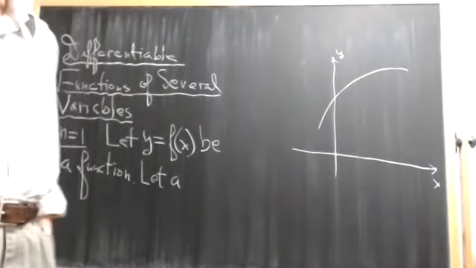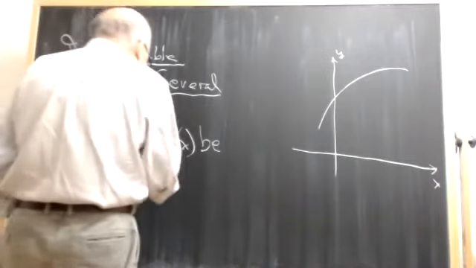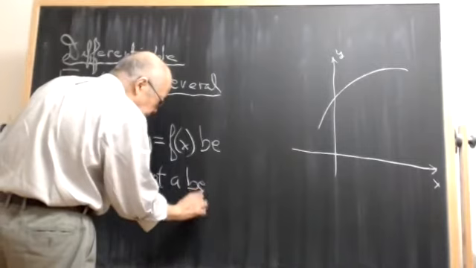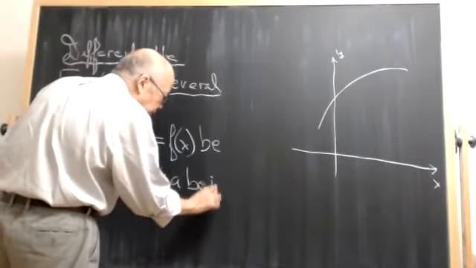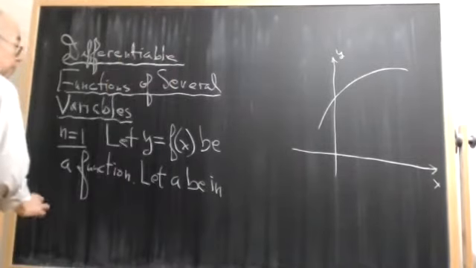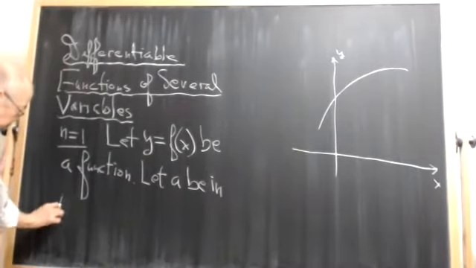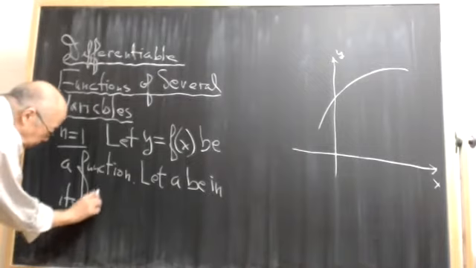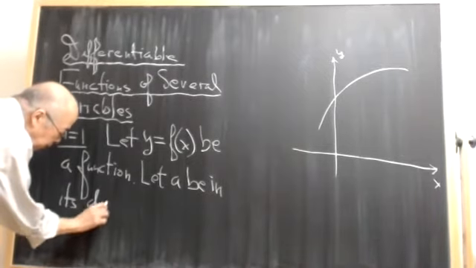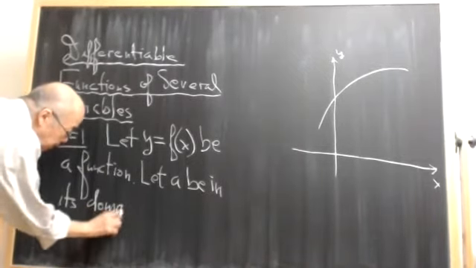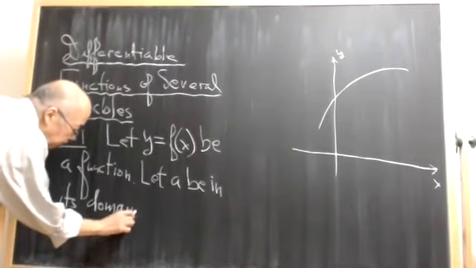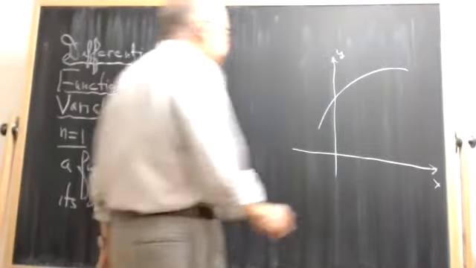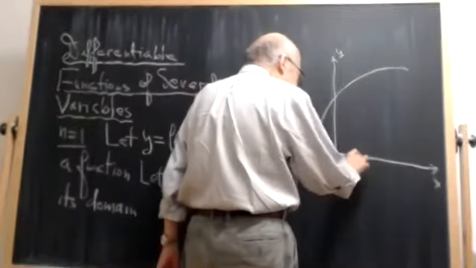So we let A be in the domain of the function. So we have the point A here.